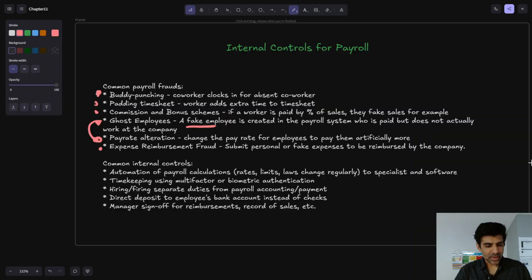Okay, so what are some internal controls? Again, automation of payroll calculations. Okay, so if you have it all in an Excel spreadsheet and that's how your payroll is calculated, there's definitely a ton of room for mistakes. Also for someone going in and altering things. Okay, it's hard to audit an Excel spreadsheet unless you're the only person that can open it.